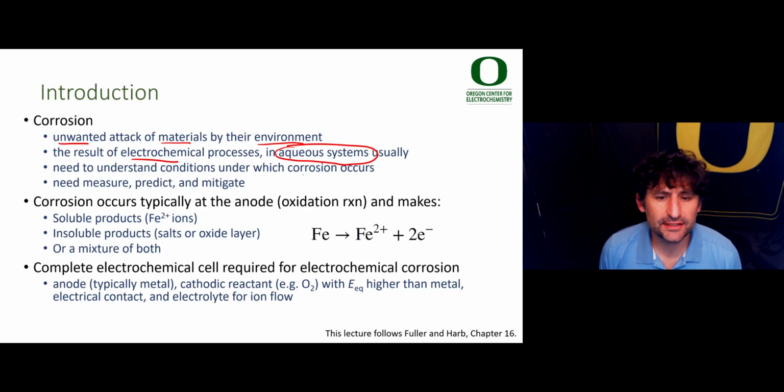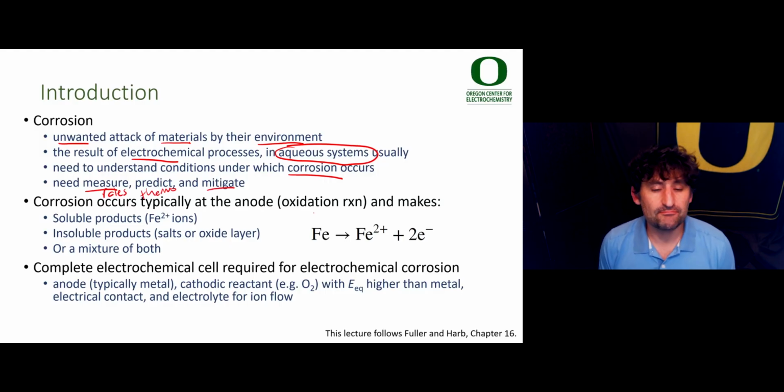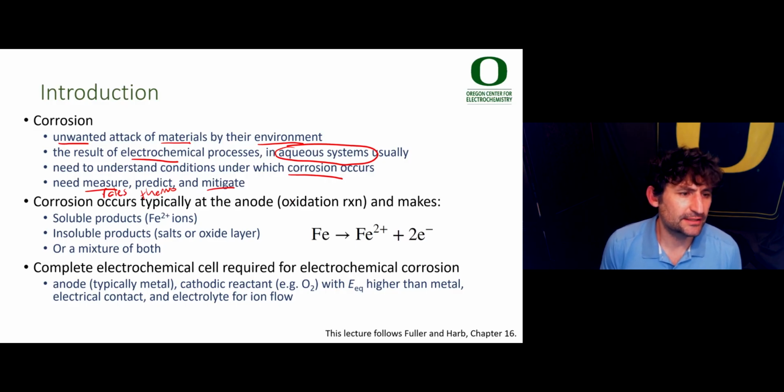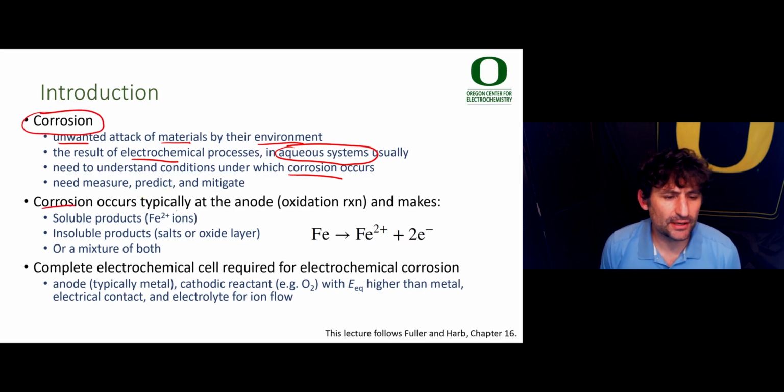We need to understand the conditions under which corrosion occurs, so we need to measure the rates, predict it with thermodynamics, and understand how to mitigate it using technology. So there's a large area of science and technology, both in academia and industry, that's focused on understanding and controlling corrosion. The corrosion processes we care about typically occur at the anode, the local anode, where the oxidation is taking place.